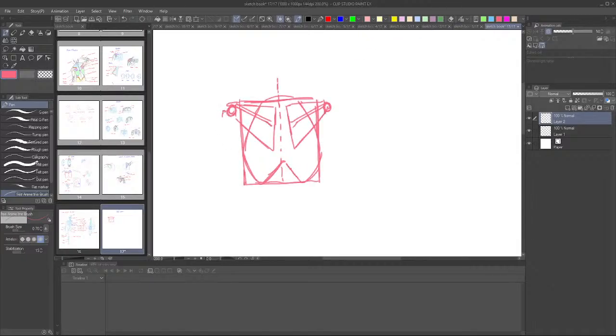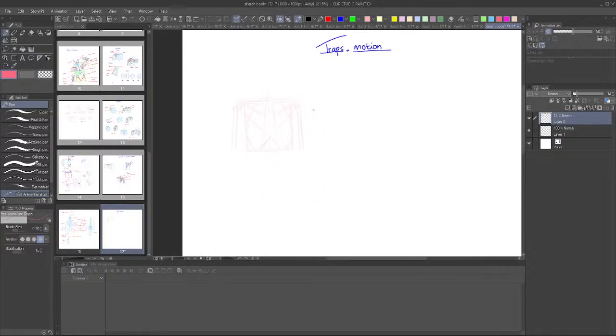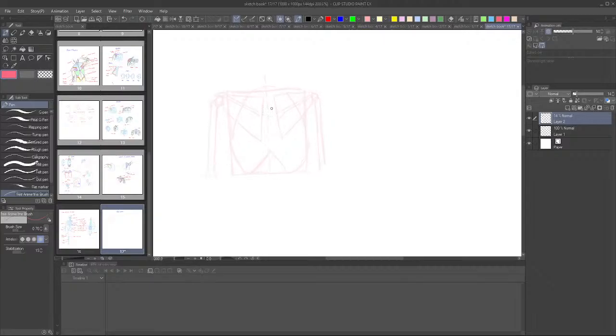We know the humerus usually ends at the lower side of the rib cage, like that. Okay, so let me clean it up a bit.